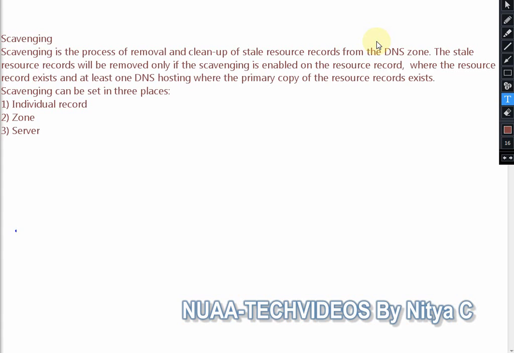Scavenging can be set in three places: on individual records, on the zone, or on the server.